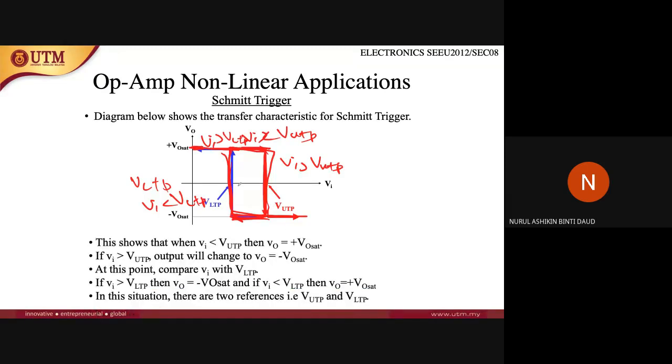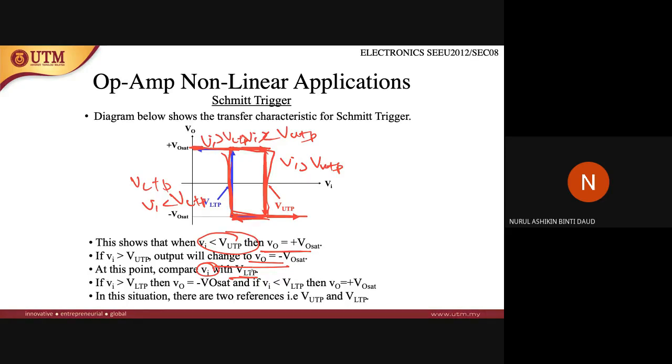So this shows that when VI is lesser than VUTP, the output voltage will be positive VO saturation. If VI is larger than VUTP, it will change to minus VO saturation. At this point, we need to compare VI with VLTP.